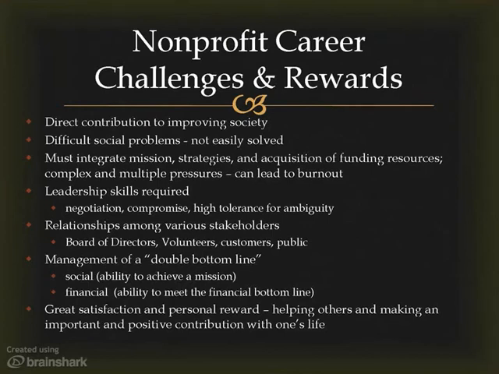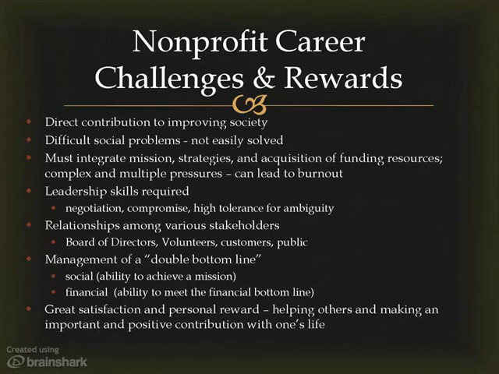Our value systems appeal to people who are drawn toward working in the nonprofit sector. This is an area in which you can help resolve difficult social problems that aren't easily solved. So there's a challenge for a lot of people who are drawn to this field.